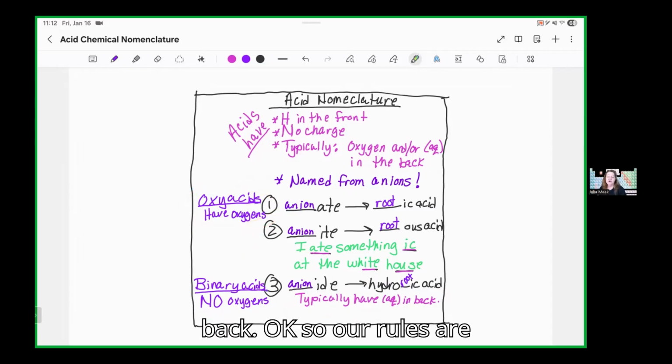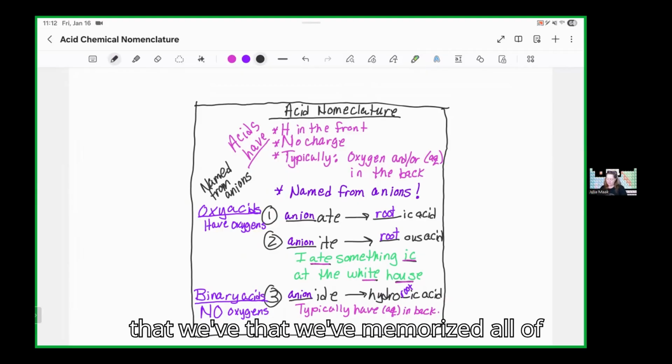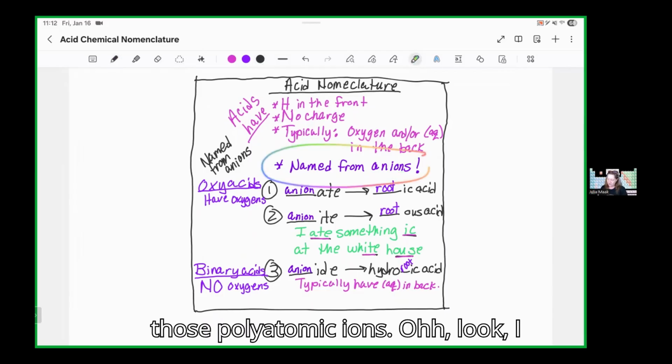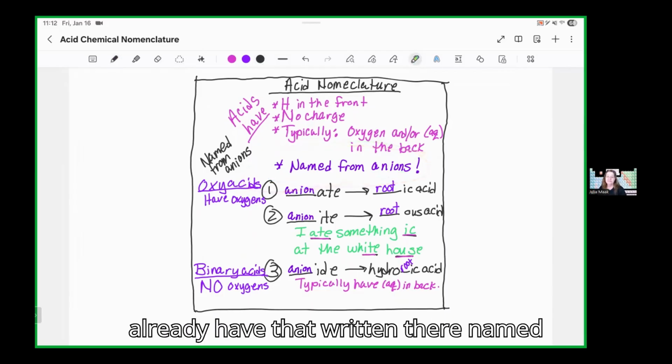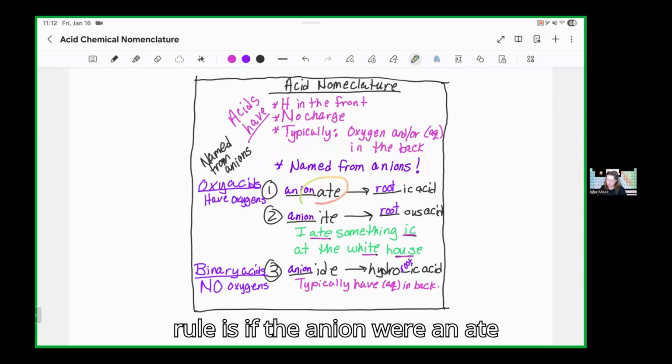Okay? So our rules are, by the way, these are named from your anions, all of those anions that we've memorized, all of those polyatomic ions. Our first rule is if the anion were an ate, like nitrate, it becomes an ic acid.